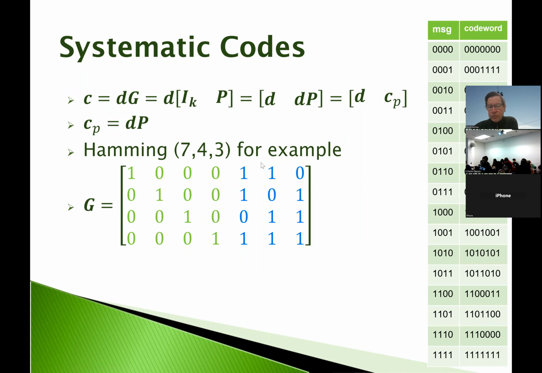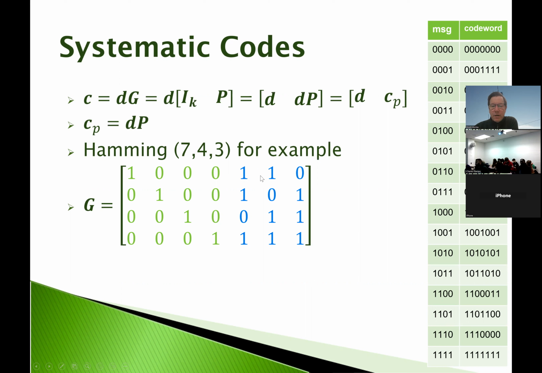We're adding 3 parity bits, and it turns out that this code has a minimum distance of 3. So this would be N, that's K, and that's D min.